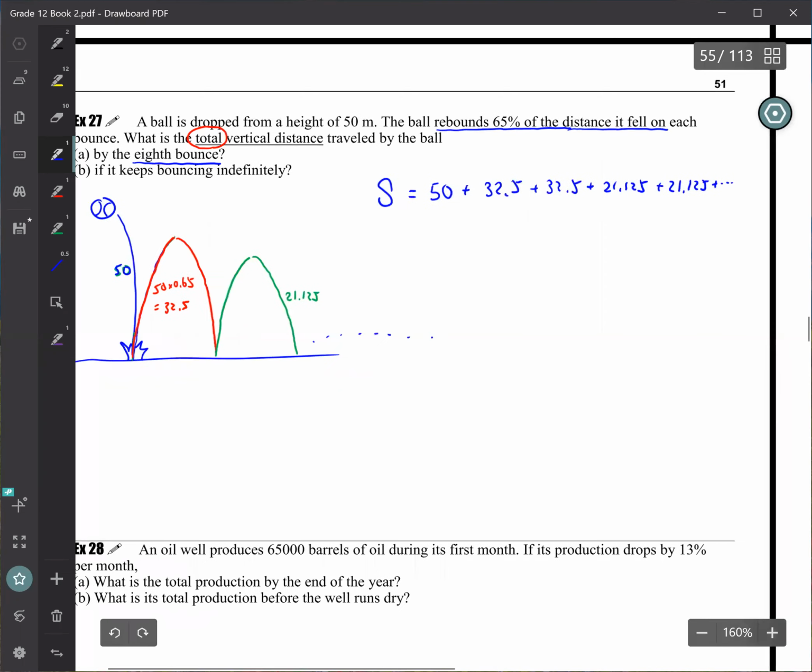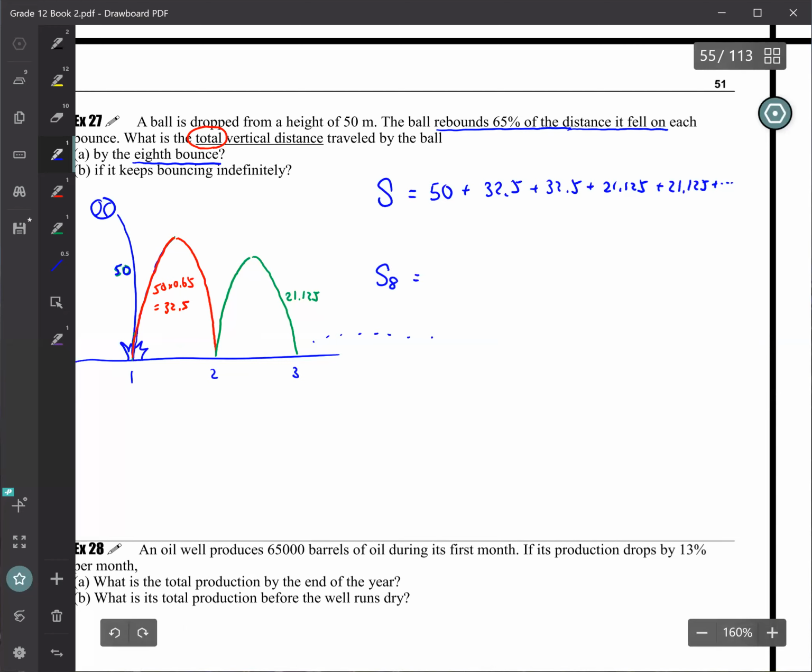As you can see, it has double of each of the numbers except the first one. So what we can do is pretend we are just doing half of it first. Let's say we want to do 8 bounces. This is the first bounce, second bounce, third bounce. So S8.